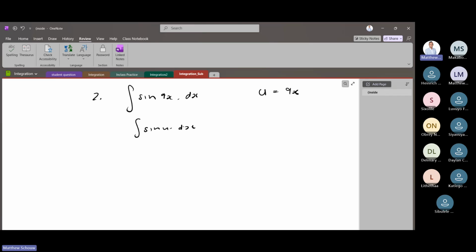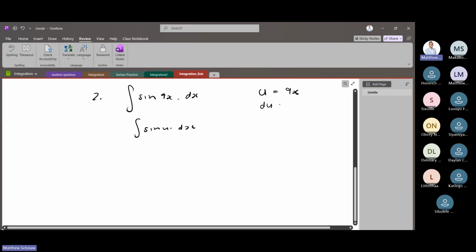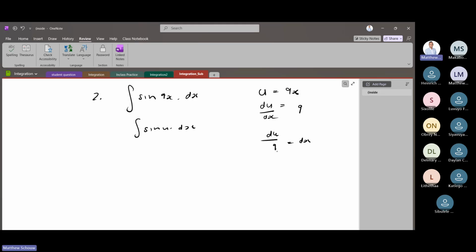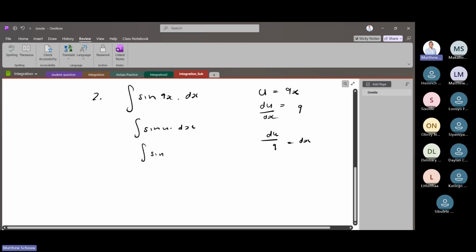So we define a du. You say du/dx equals 9. Do some cross multiplying, you notice that it will be du over 9 equals dx. You take this and put it in here now. So it'll be sine u times du over 9.